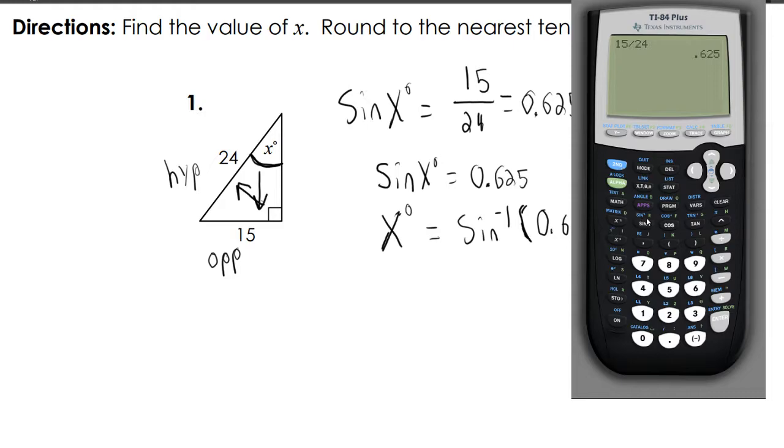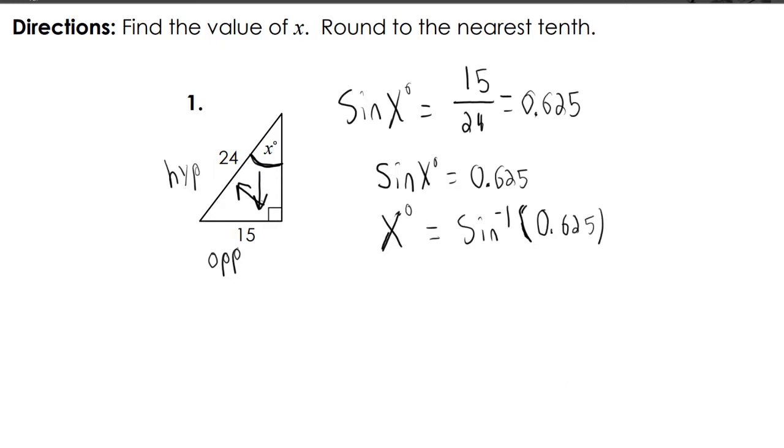You notice in blue it has sine to the -1, so you have to hit second, sine, you get the sine with the -1, 0.625, close your bracket, hit enter, and you get 38.68. Round that to the nearest tenth, and you get 38.7. So x, the angle x, equals 38.7 degrees.